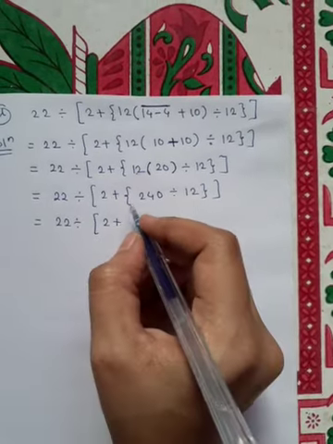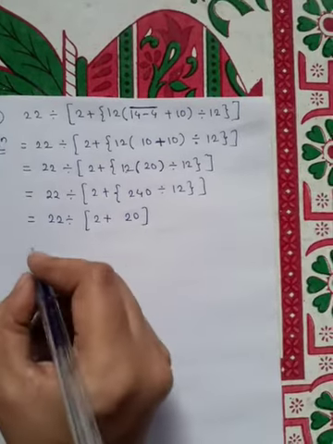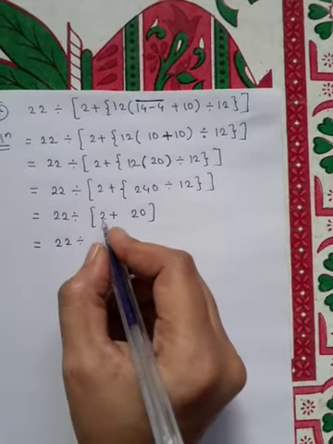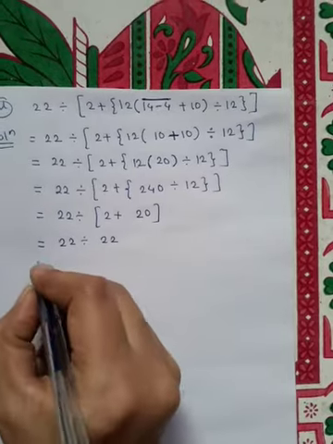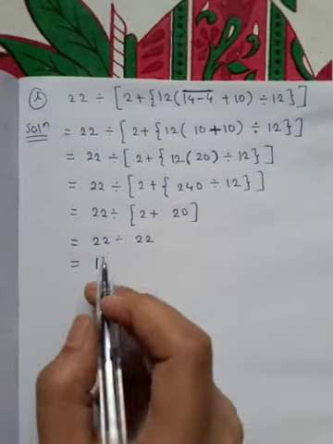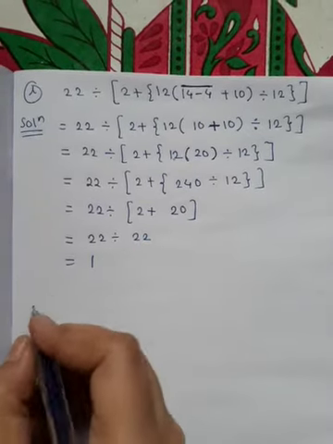Okay, so remove that curly bracket because we have solved it. Write square bracket as it is. Now 22 divided by, in this square bracket there is addition. 2 plus 20 gives you 22, and 22 divided by 22 gives you 1. Okay, because when we divide a number by itself then we get 1.